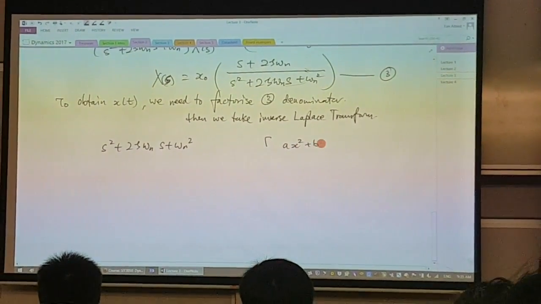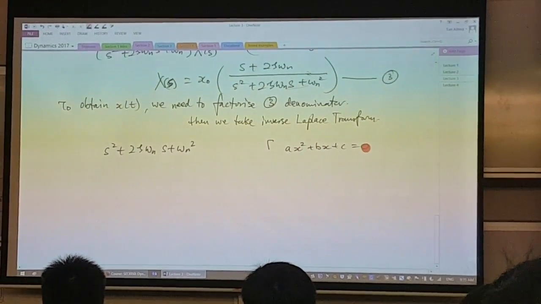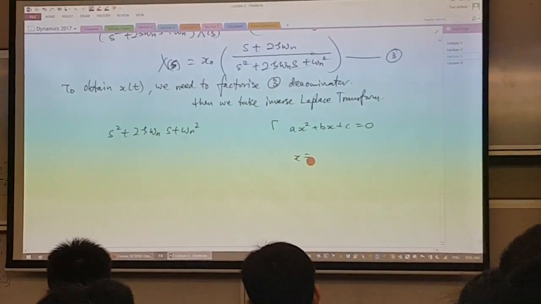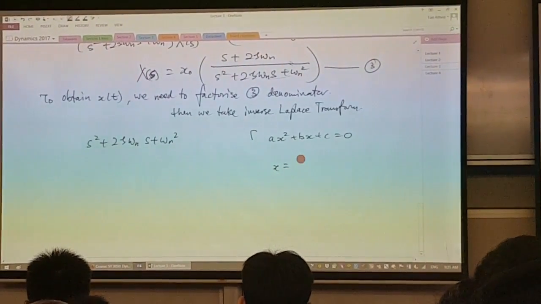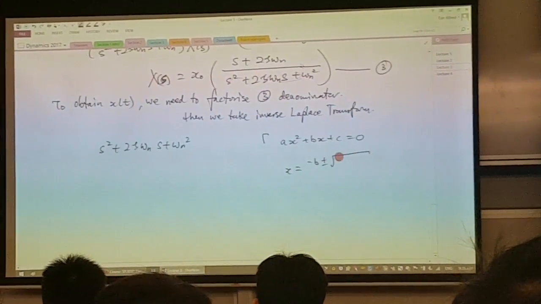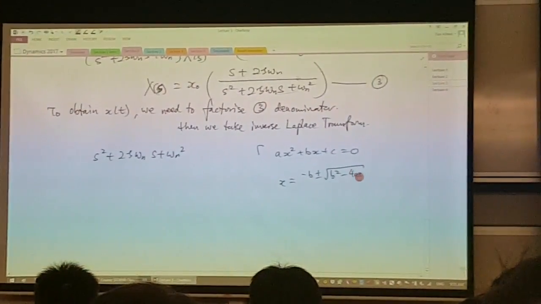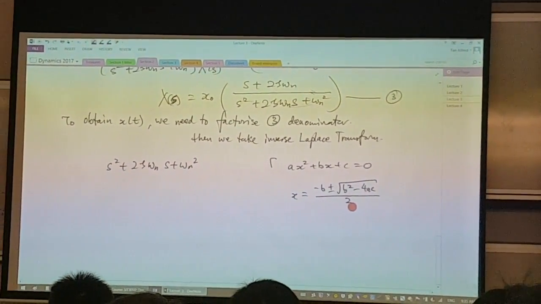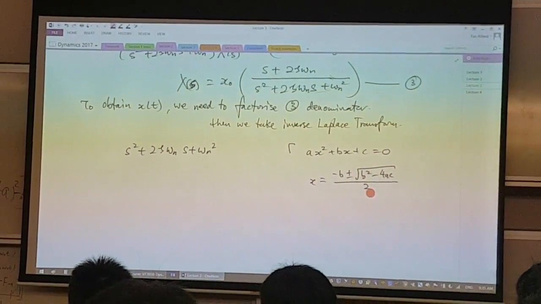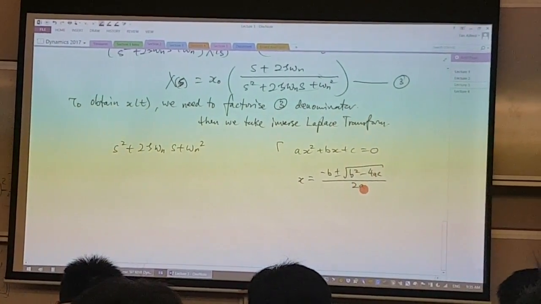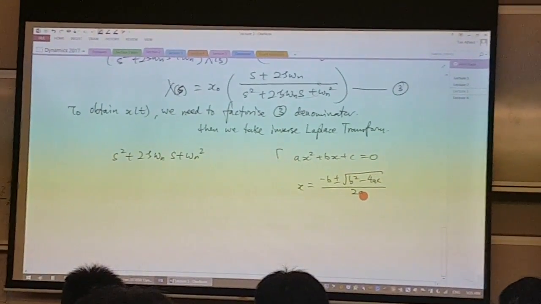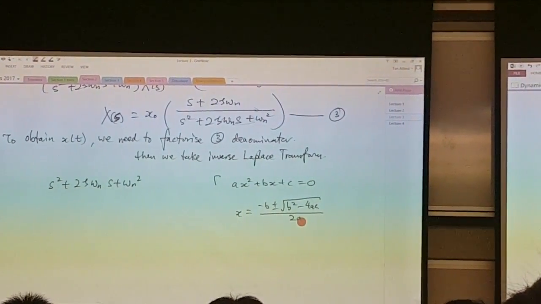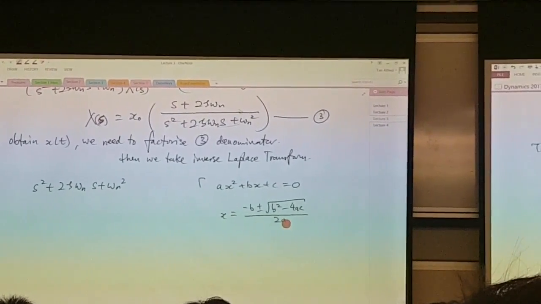For a x squared plus b x plus c equal to 0, if you need to find x, there is this roots formula: minus b plus minus square root of b squared minus 4ac, divided by 2a. You'll get the answer straight. Do you remember this whole formula? If you remember this old friend, that's good, because today we're going to party with this old friend.